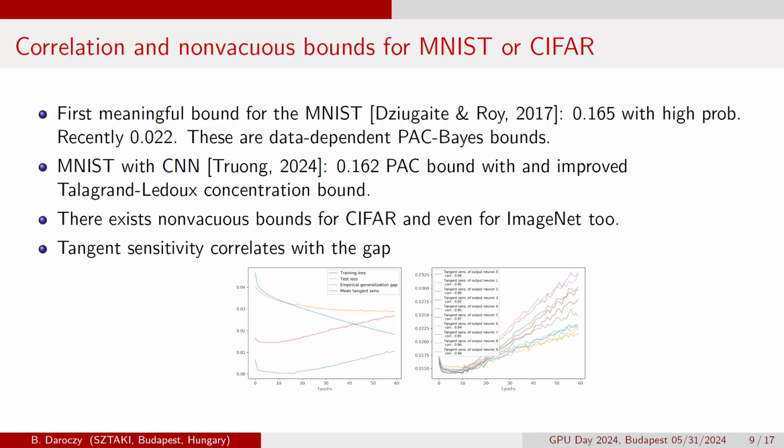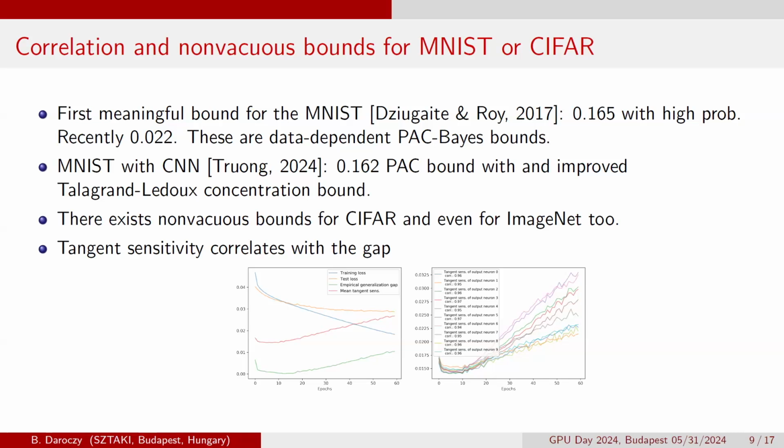Because on MNIST, of course, every single model is performing 90 plus, but to have a meaningful bound, we should have it under 1 if the error upper bound is 1, right? Now, recently, I forgot to mention who wrote that, but it's 2%. So it's very small. So these are starting to be meaningful.